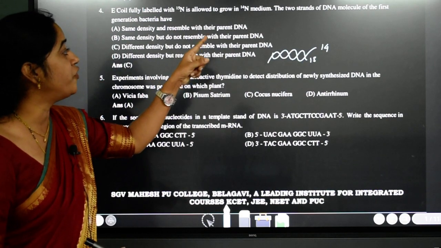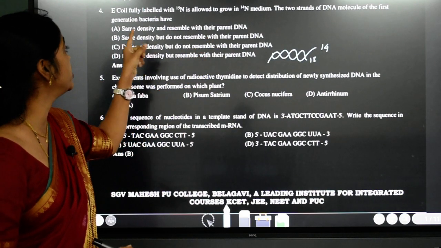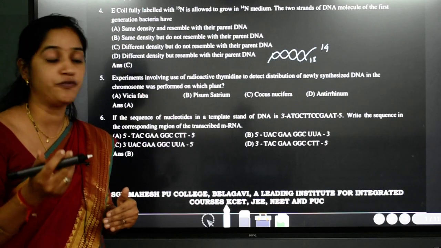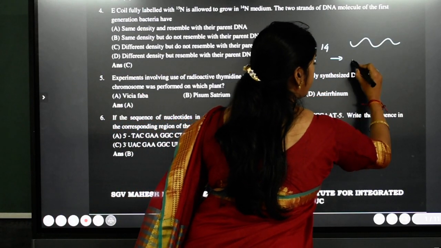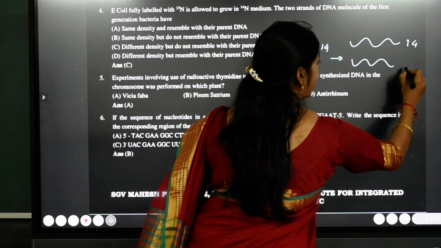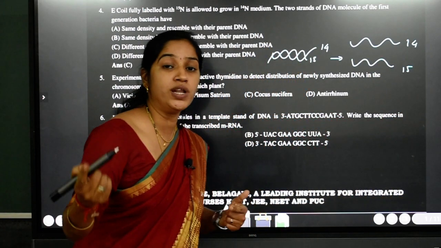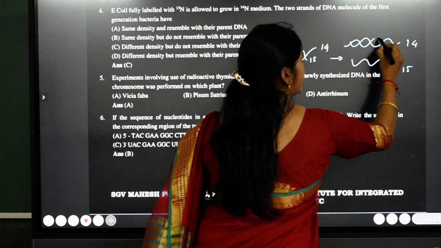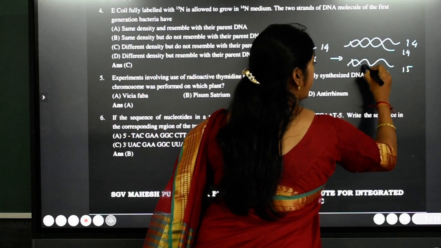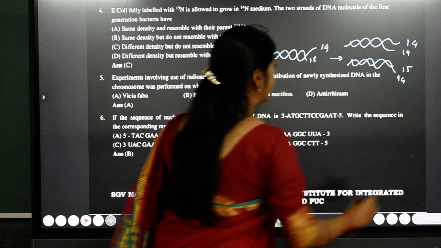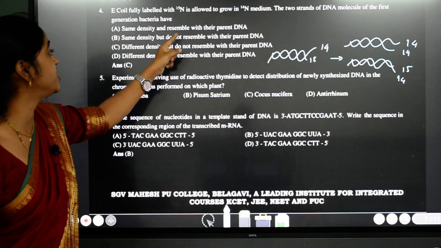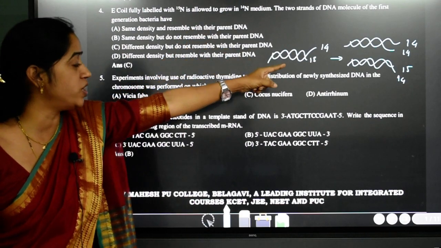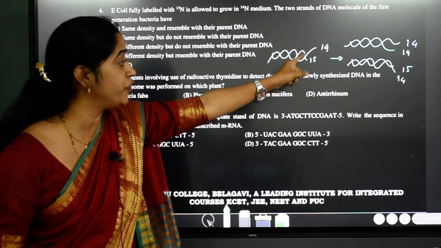The two strands of the DNA molecule of the first generation bacteria have... So here we have to see the first generation. Both the strands separate, 14 and 15, and the newly synthesized strands will be 14 and 14. So check with the options. Same density and resemble their parent DNA. See students, both the strands are of different density.